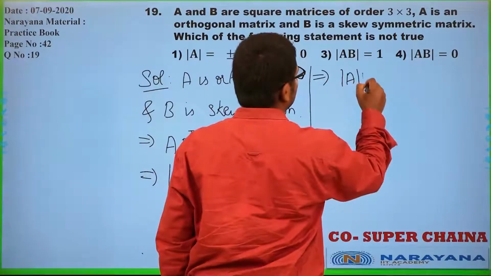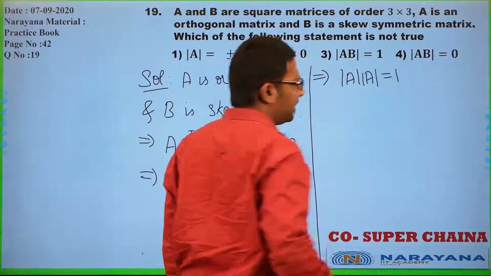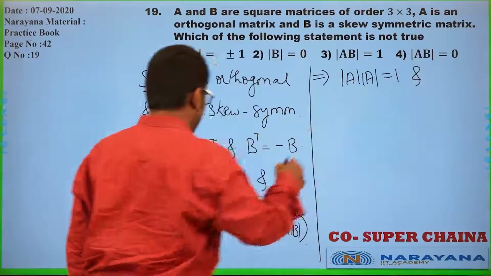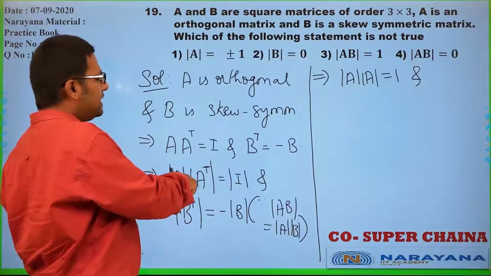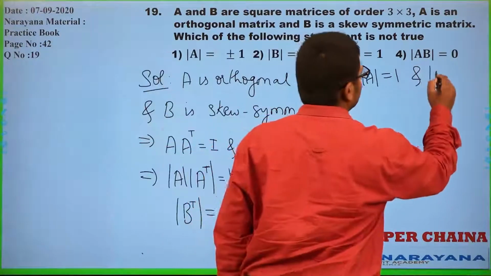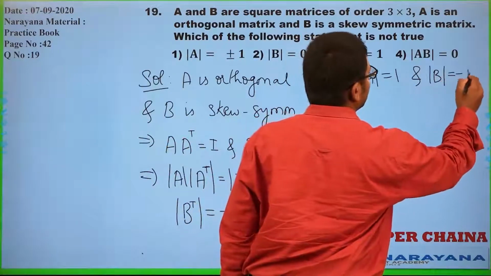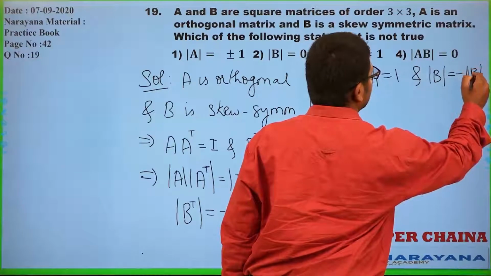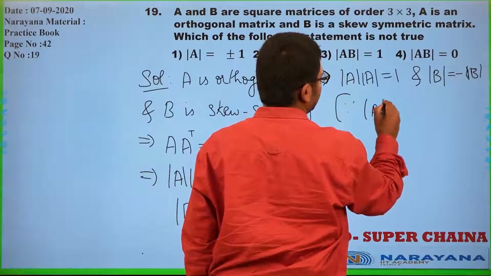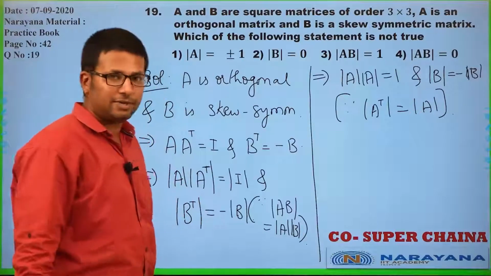So mod A into mod A, and determinant of I, I hope you know, is 1, because you know how to expand a determinant, right? And mod of B transpose, like I said earlier, its determinant is not going to change, equal to minus mod B. The property here is that the determinant of the transpose is the same as the original determinant.